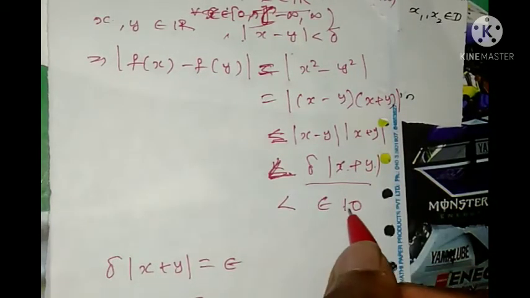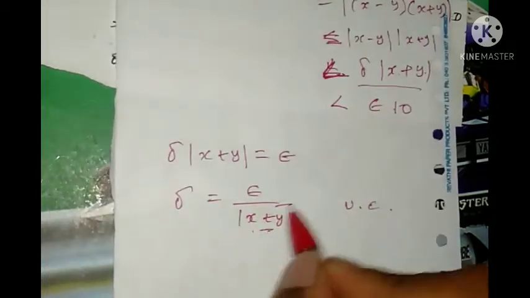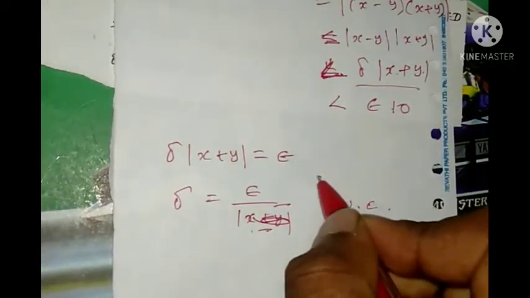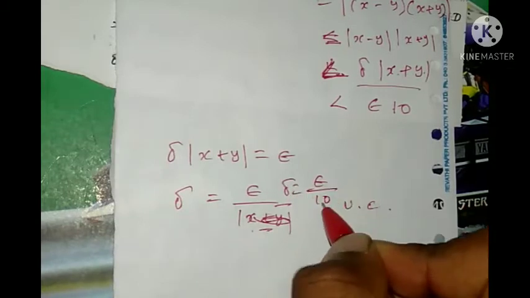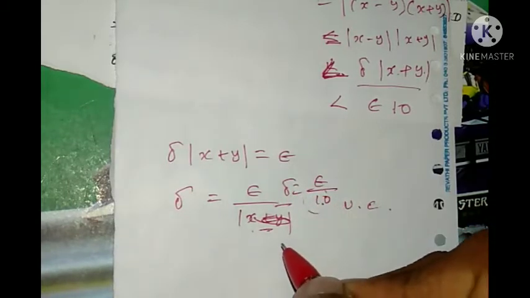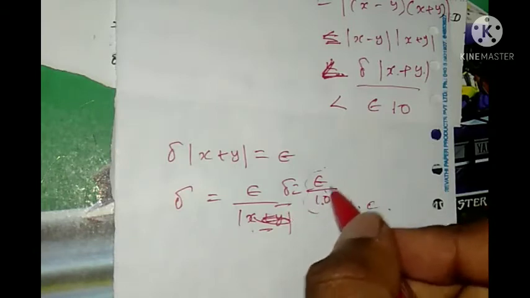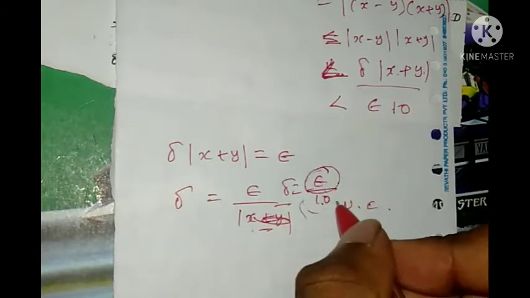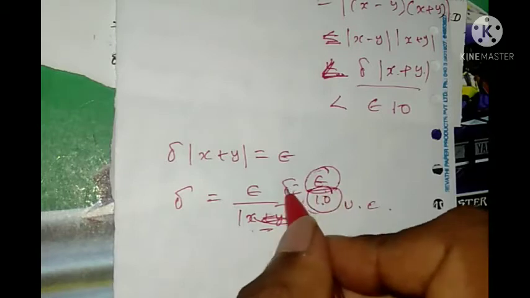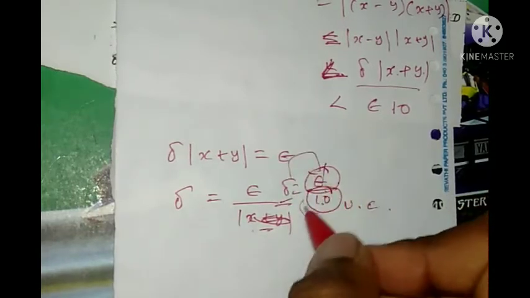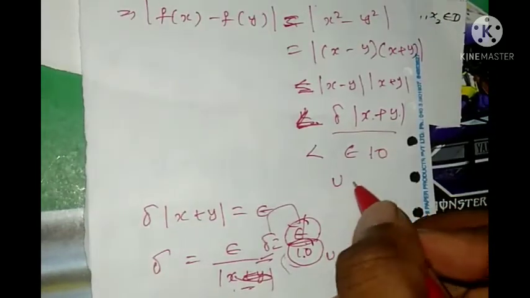All the values are less than 10 only, so we take epsilon by 10. Delta is equal to epsilon by 10. Here 10 is a constant, so delta depends only on epsilon, not on the points, because this is constant. Therefore, we say this is uniformly continuous.